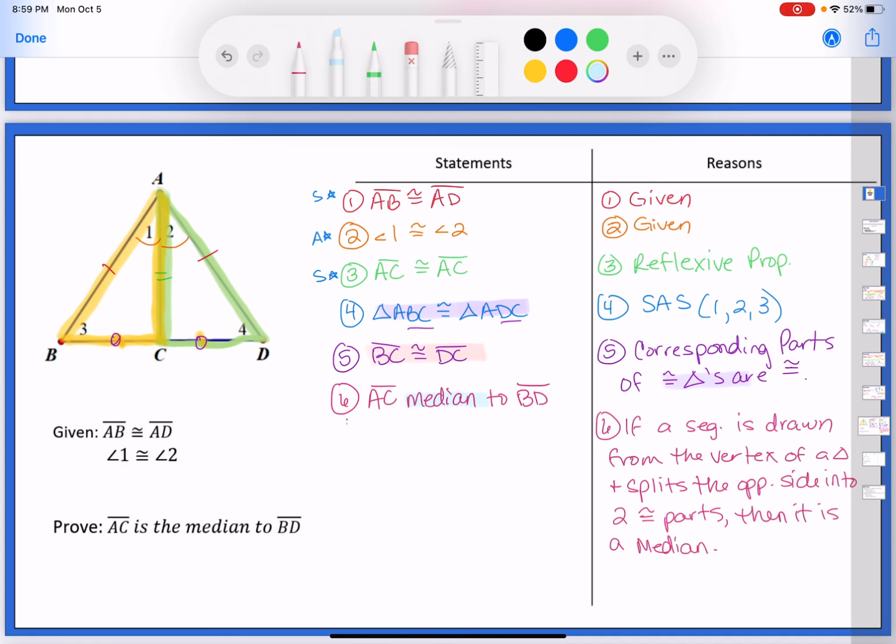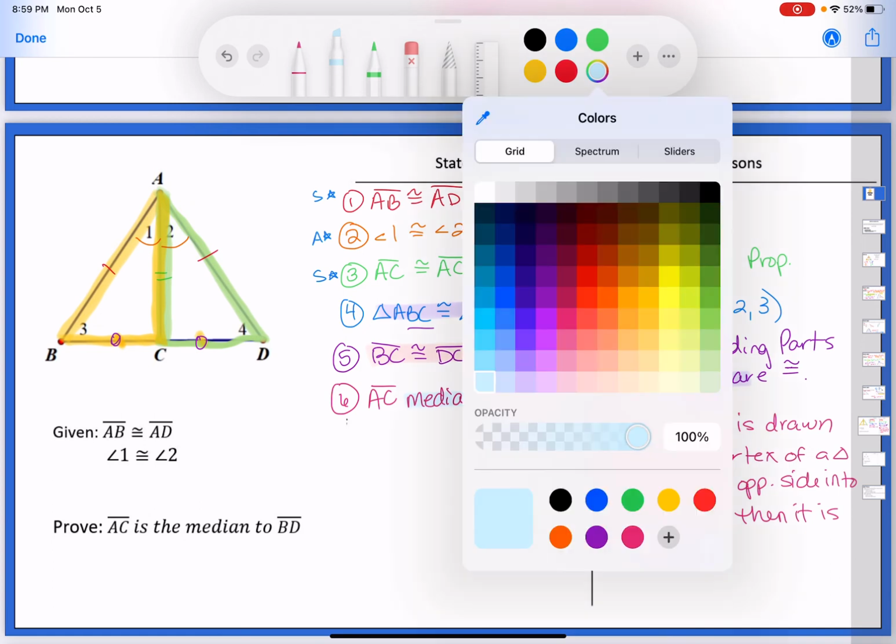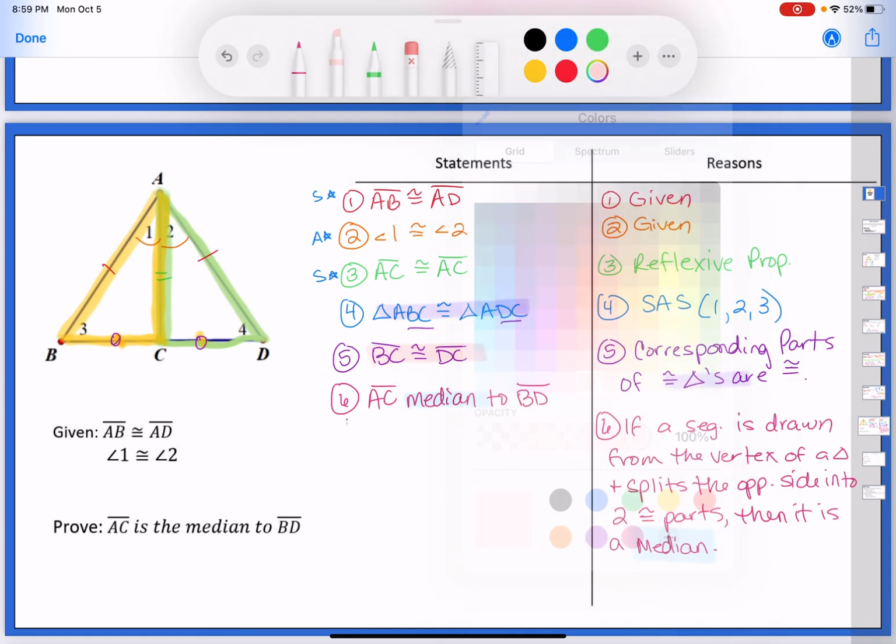Okay, so again, the then part needs to be the median. The if part needs to be this two congruent parts, right? Splits the opposite side into two congruent parts. And you have to use all those other words, right? It has to say it's drawn from the vertex of a triangle because otherwise it wouldn't be a median. All right, so there is good practice.